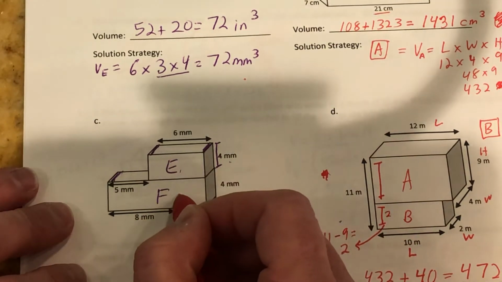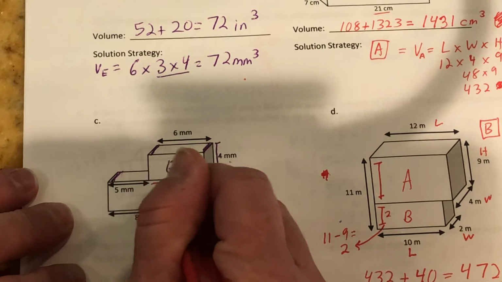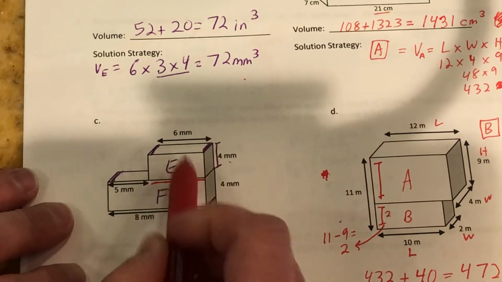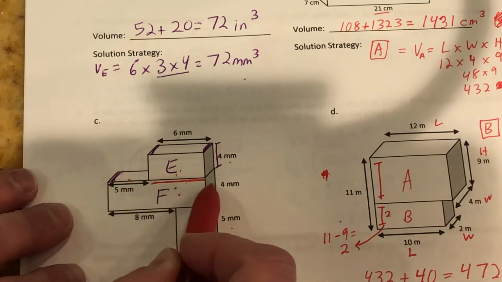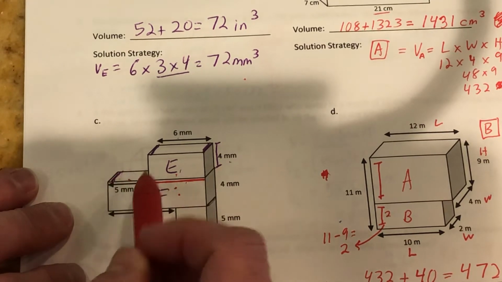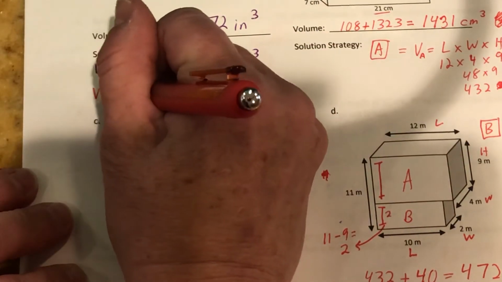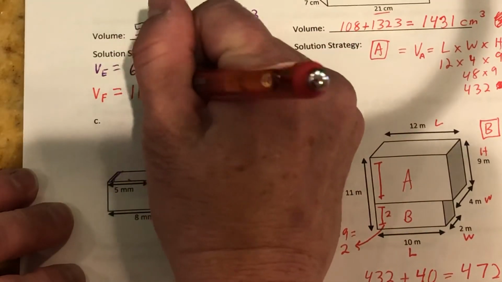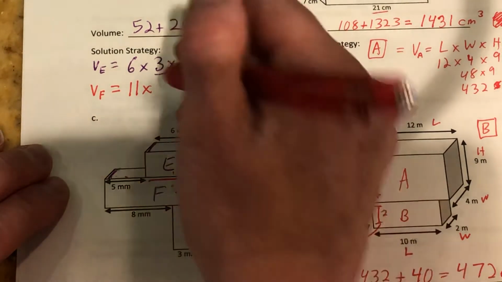So for F, this part is 5, but then this part right here I know from E above is 6, so 5 plus 6 would give me this whole line all the way across. So 5 plus 6 is 11. So I know that this is going to be 11 across. The length is 11. I know the width on all of these is 3.